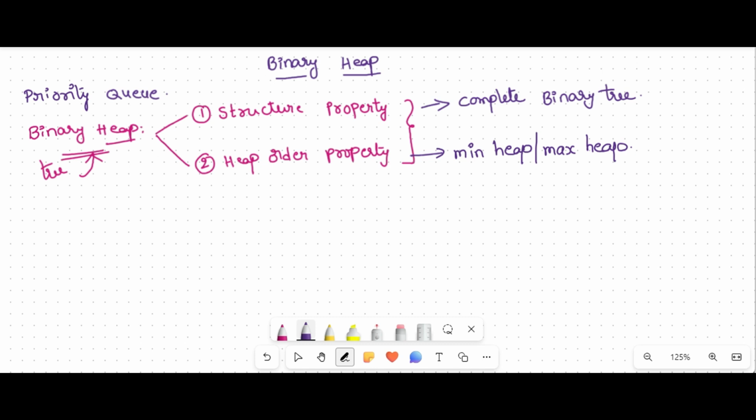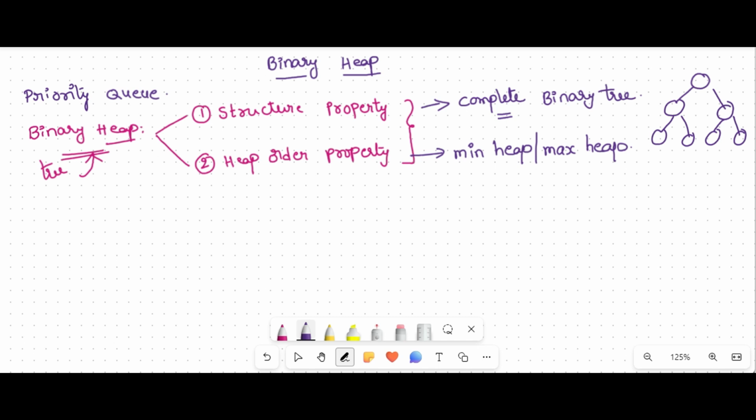So what is this complete binary tree? A complete binary tree is a binary tree in which the elements are inserted from left to right, and after filling the lowest level, only then does it come to the next level nodes. That is a complete binary tree.